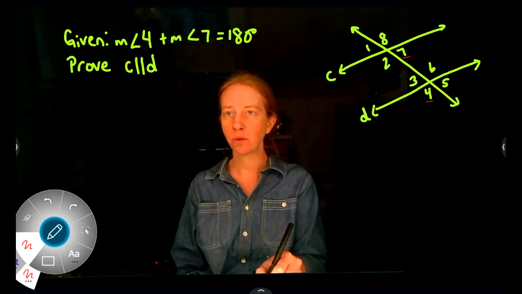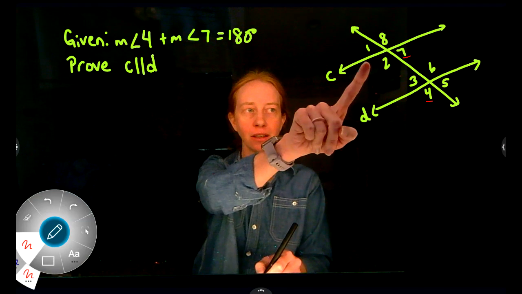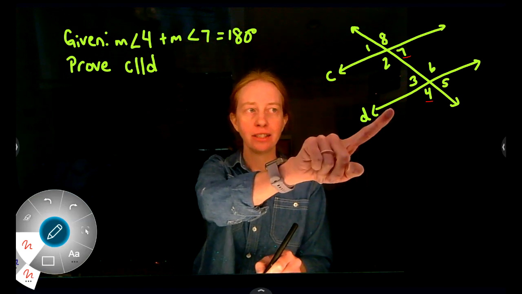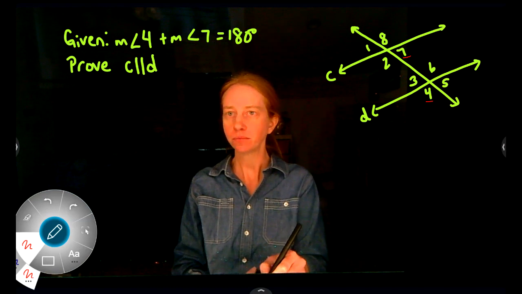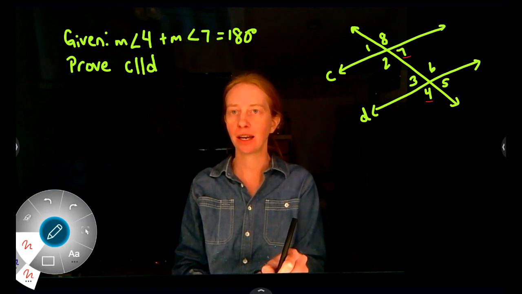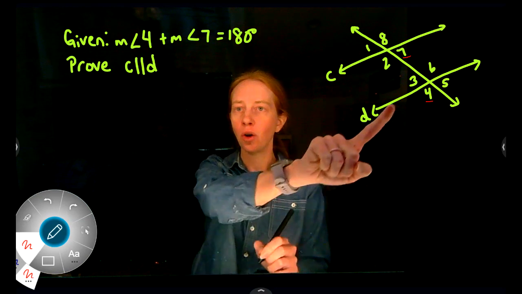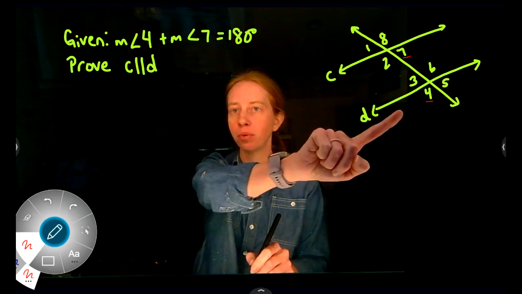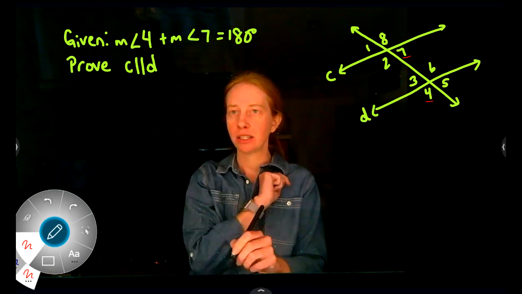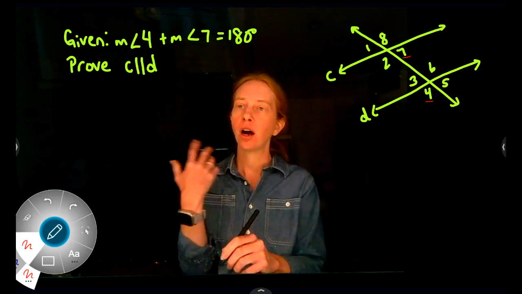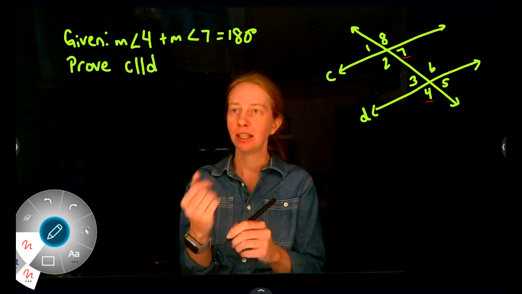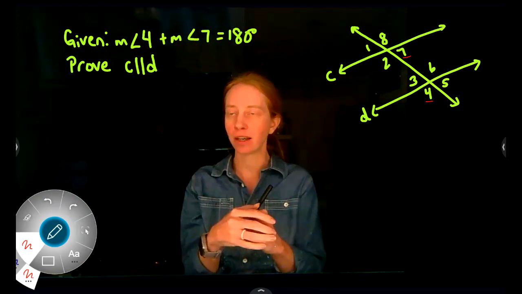We're trying to prove that C, this line right here, is parallel to D. And so ways that we have to do that are, we could have that angle 4 plus angle 1 is equal to 180 because angle 1 and angle 4 are same side interior or exterior angles.